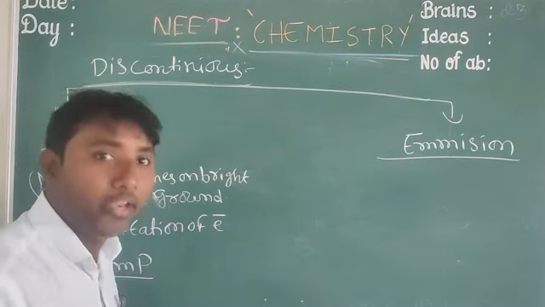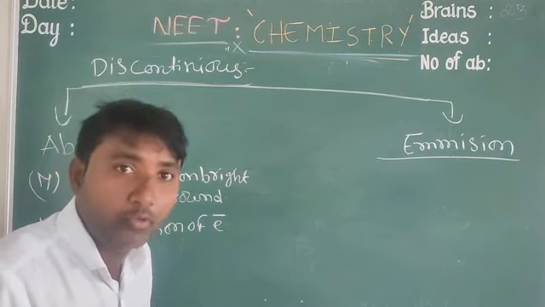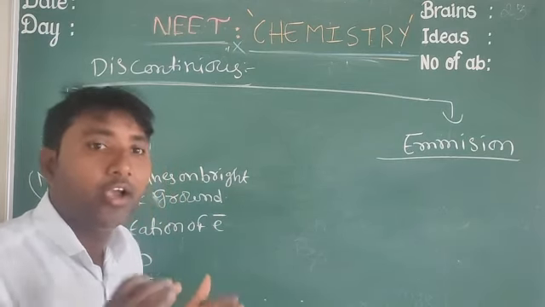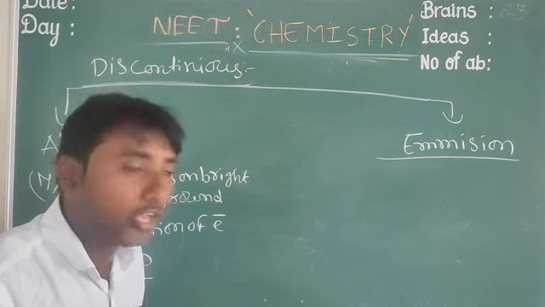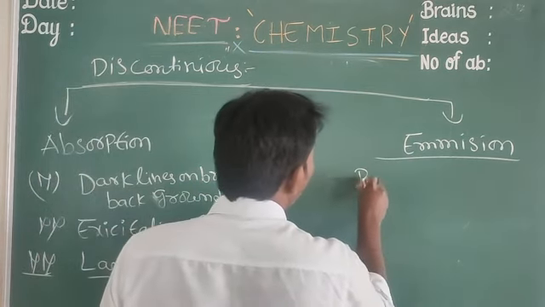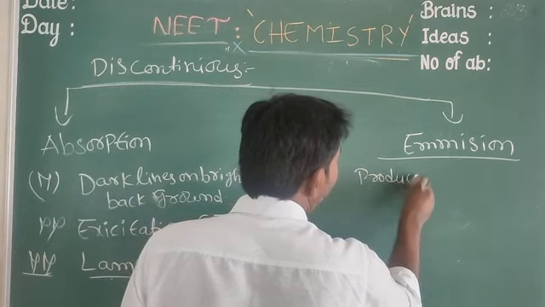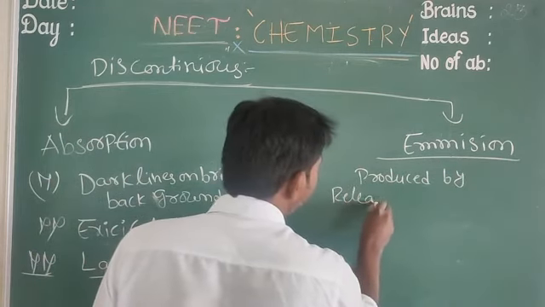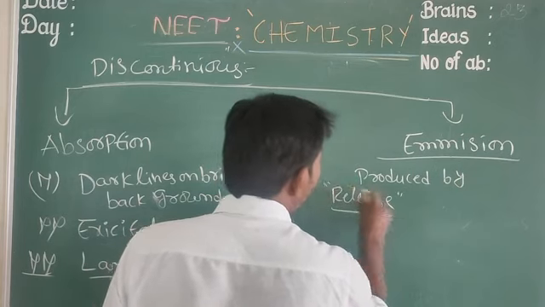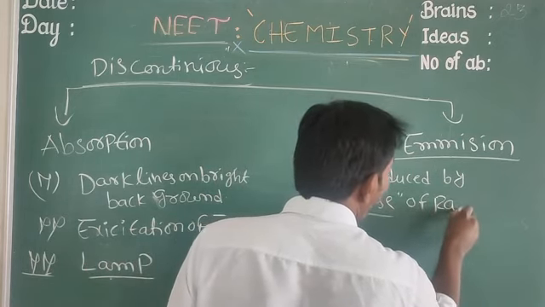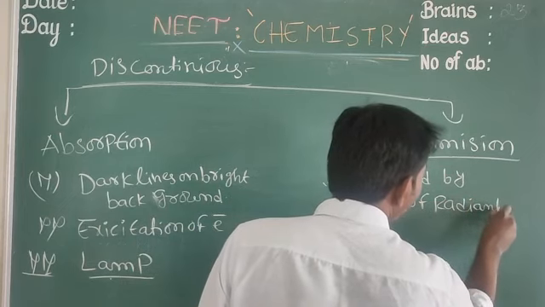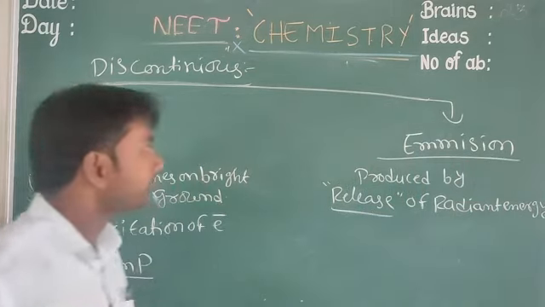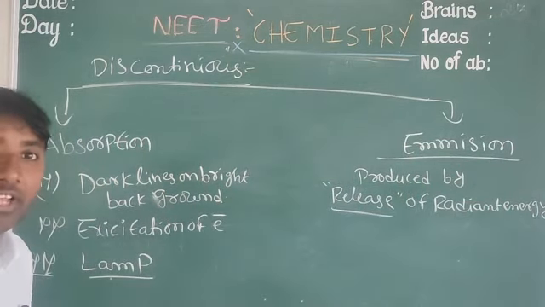Emission spectrum means this spectrum is produced by release of radiant energy. Release of radiant energy. Okay, that is emission spectrum.